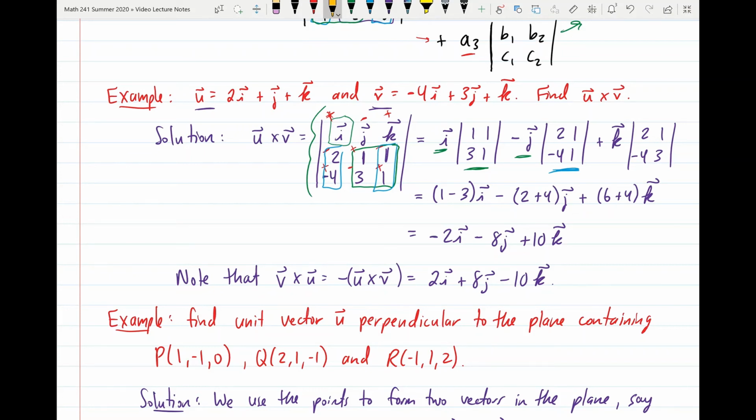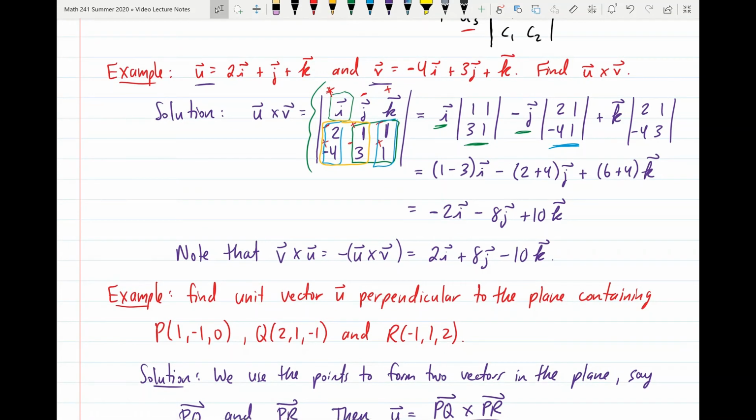We get rid of the terms in column 3 since k is in column 3, and we're left with this 2 by 2 matrix: 2, 1, minus 4, 3. So notice that we are multiplying 2 by 2 matrices by each of the terms in the top row, where the first term is positive, the second term we put a negative in front of it, and the third term is also positive.